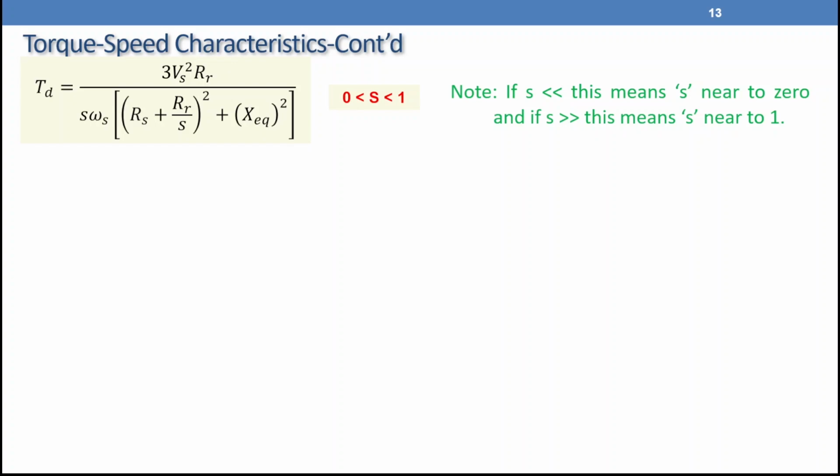If S is close to 1, S value is too high. So we are going to start with S a high value, S close to 1. If S is close to 1, this means R rotor over S value will be small enough with respect to R stator, so we can cancel this one with respect to R stator.